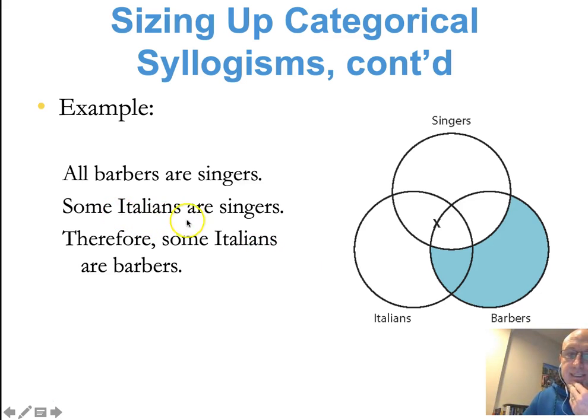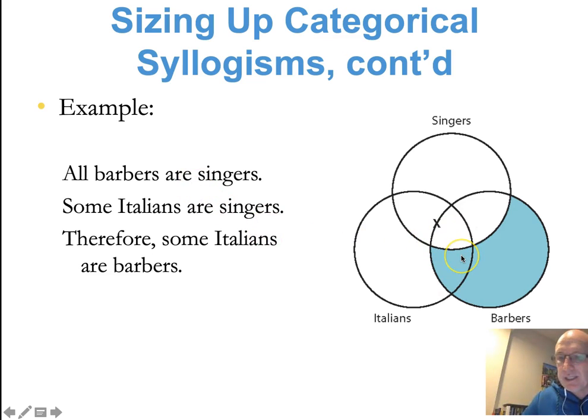Then we want to show that some Italians are singers, and so we place the X here, in the middle of the 3 circles, to show that some Italians are singers. If the premises are true, then the conclusion must be true.